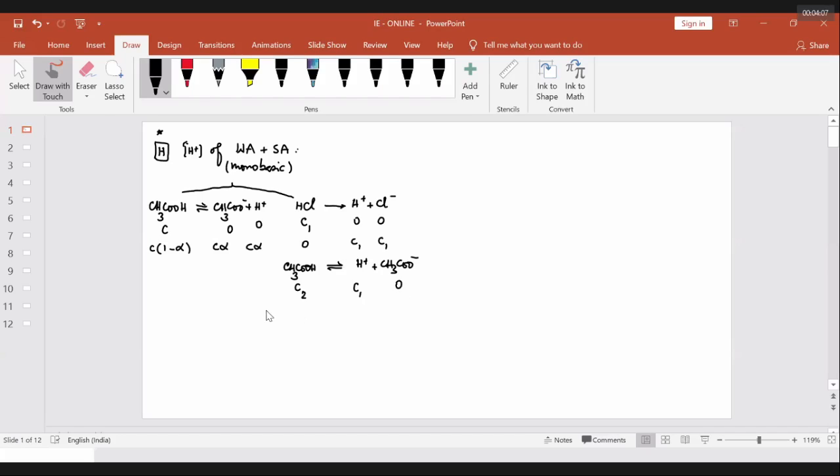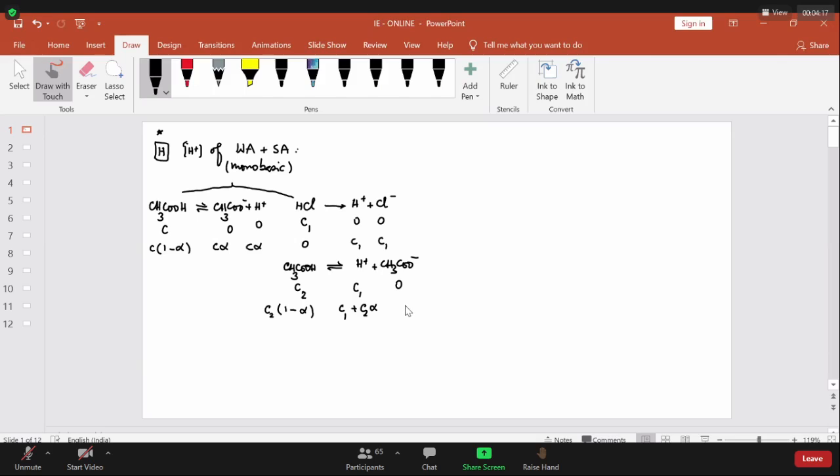Now if you dissociate it, this is C2 as usual, 1 minus alpha. This is C1 already available, plus C2 alpha, and CH3COO minus is only C2 alpha, coming from the weak electrolyte. This is the first point we have to learn.